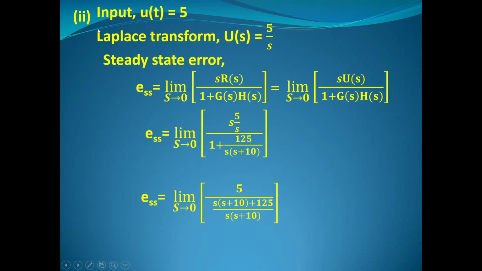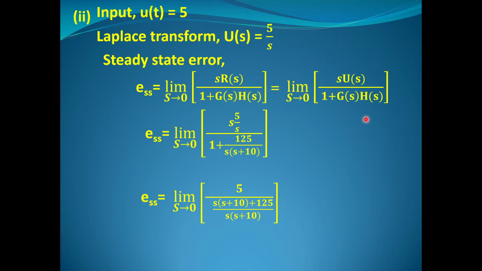I have simply copied from the previous slide. I didn't write steady state error. I wanted to write steady state. That's it. So u of t is equal to 5. So what is u of s? 5 by s. What is the steady state error equation? Ess is equal to limit s tends to 0 s r of s by 1 plus g of s h of s. So instead of r of s, since they have mentioned u of s, you write u of s. So limit s tends to 0 s u of s by 1 plus g of s h of s.